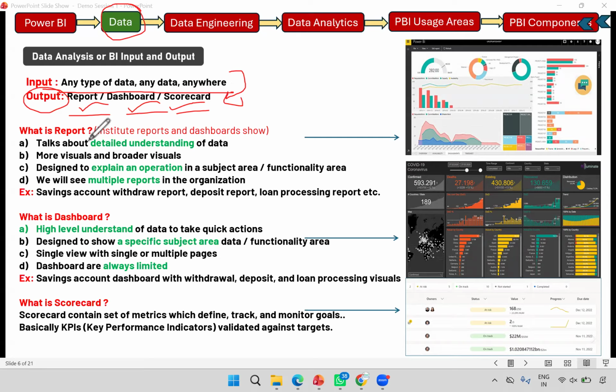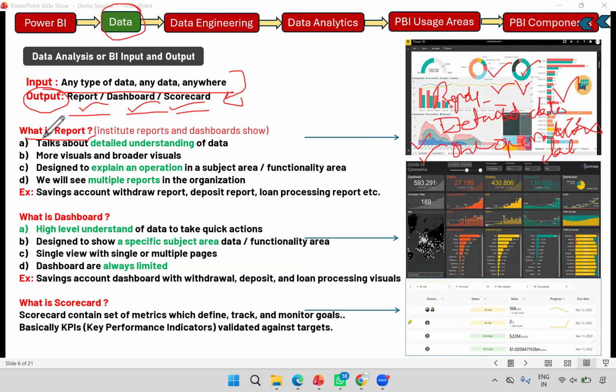Then what is a report? This is one example of a report. Visuals are available; these are all called visuals. You have data, and here you will see detailed data, and one operation's data.